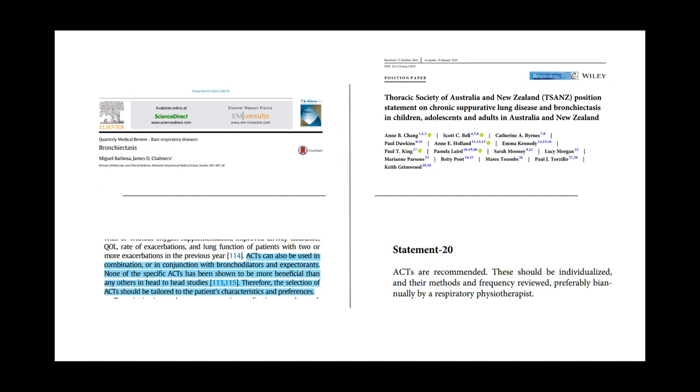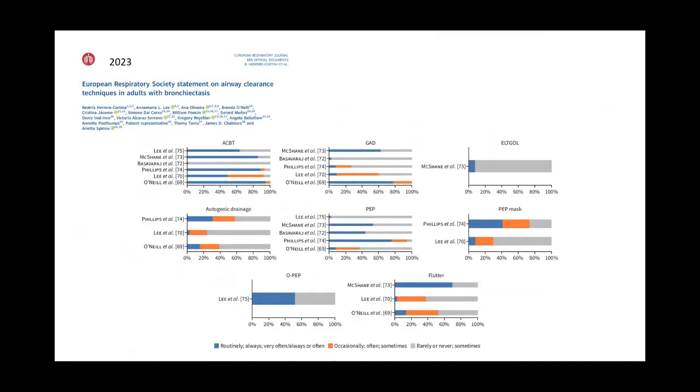And again, this theme that they should be individualised, that the methods and frequency need to be reviewed by the physiotherapist for efficacy. In the European Respiratory Society statement on airway clearance, you can nicely see in blue the techniques that were routinely used, and I've described some of them compared, and that some were not.